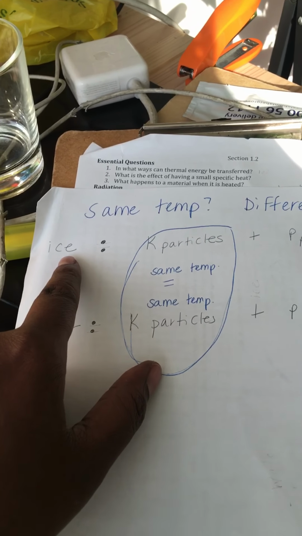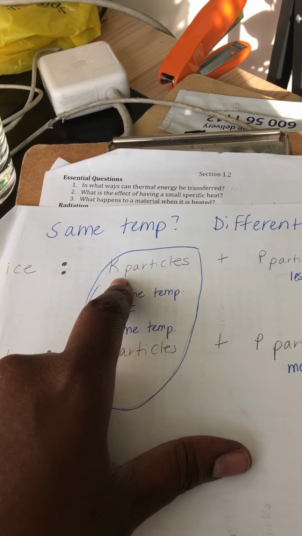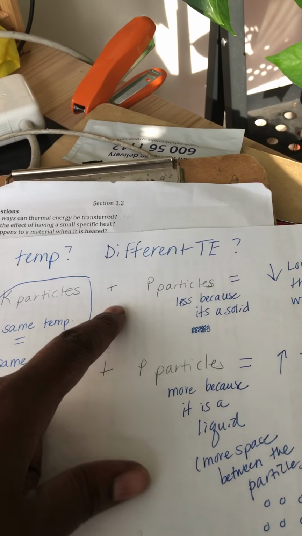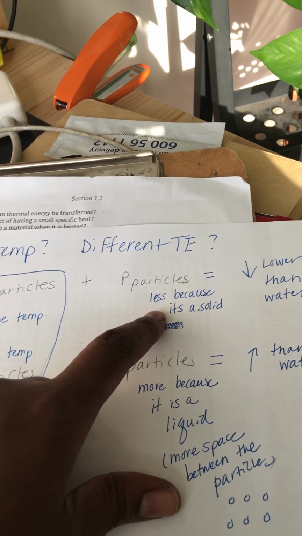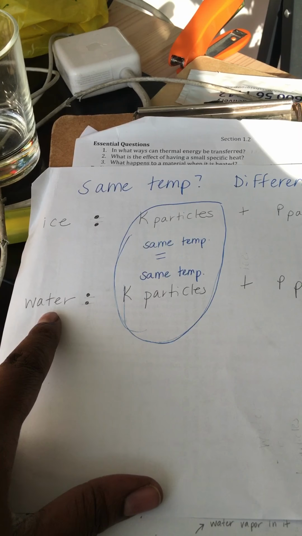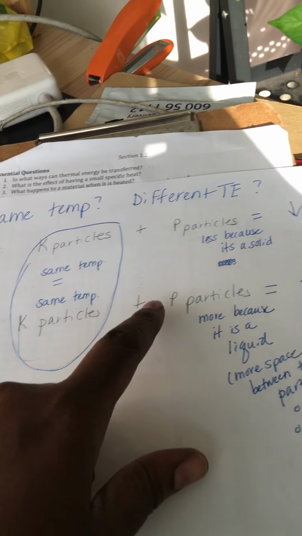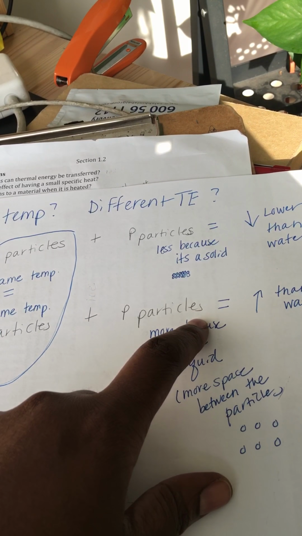In order to calculate the thermal energy of the ice, I take the kinetic energy of the particles plus the potential energy of the particles. In order to calculate the thermal energy of the water, I also take the kinetic energy of the particles plus the potential energy of the particles.